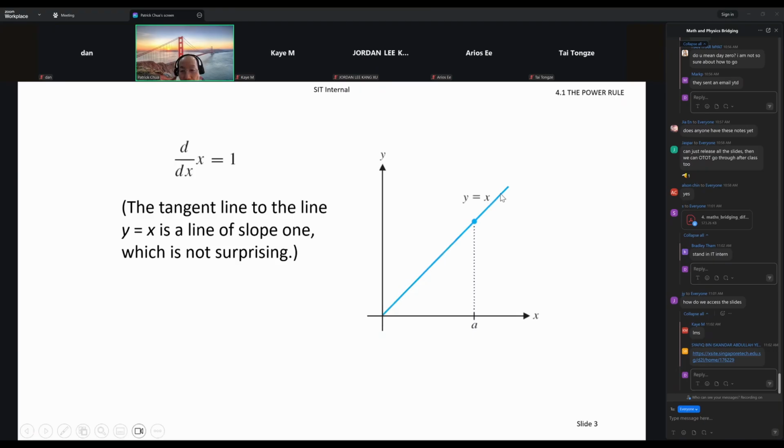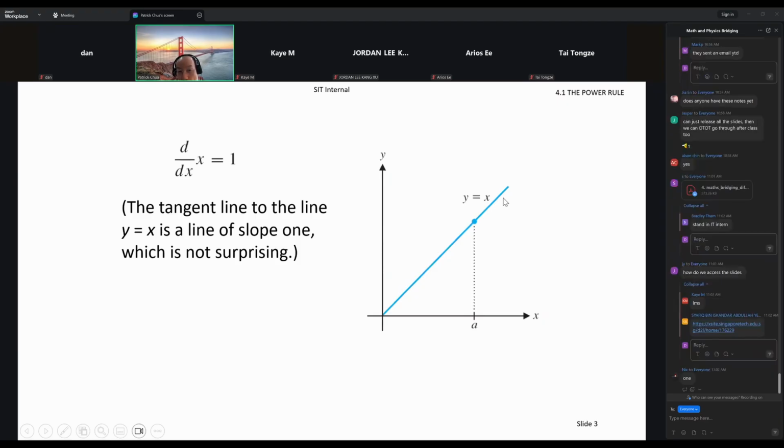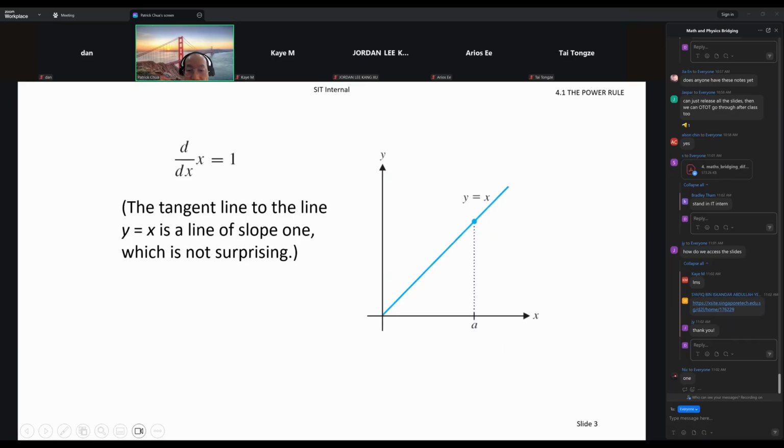So what is the gradient of this straight line? It will be 1. If x is 1, your y will be 1. x is 2, your y will be 2. x is 3, y will be 3. If you take the gradient, gradient means you take the slope from here to there.